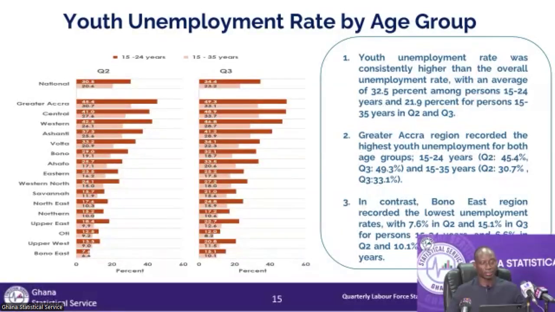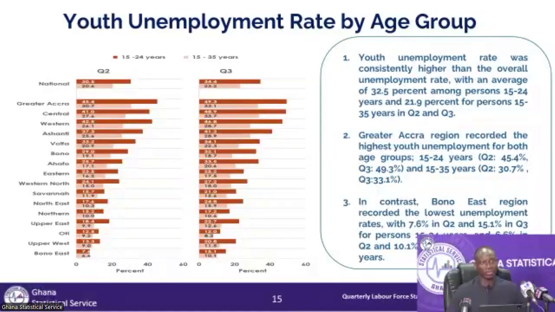Now we see that Greater Accra Region recorded the highest youth unemployment for both age groups. If you are talking about the age group between 15 and 24 years, for Greater Accra, the unemployment rate was 49.3%. And if you are talking about the age group 15 to 35 years, then we are recording unemployment rates which are also very, very high.